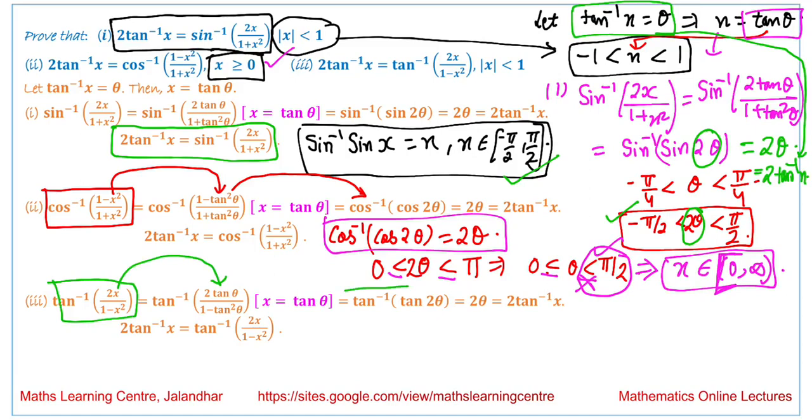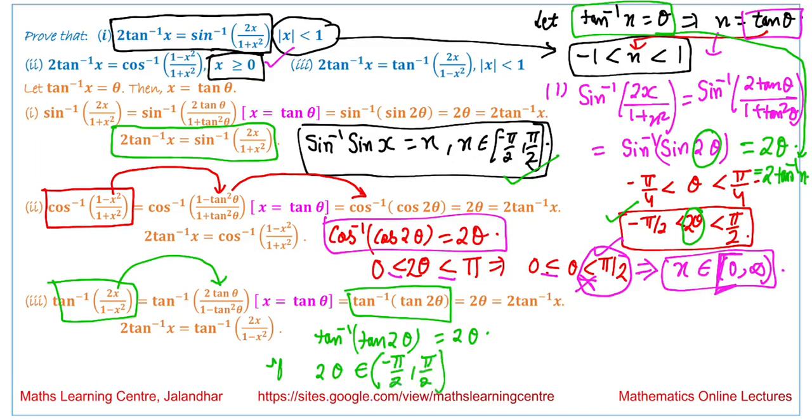So the formula we obtain is tan inverse of tan 2 theta, and we know that tan inverse of tan 2 theta will be equal to 2 theta if 2 theta belongs to the open interval minus pi by 2 to pi by 2.